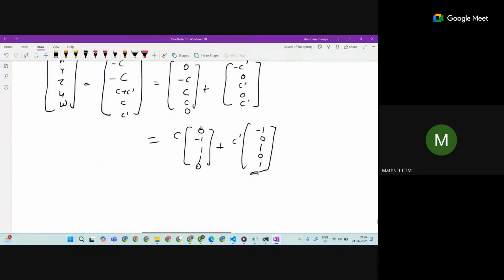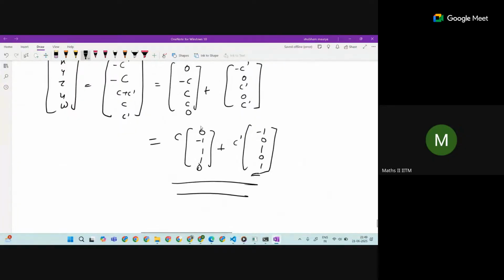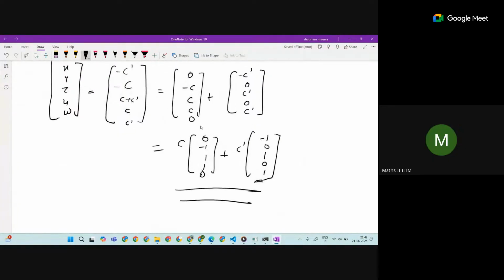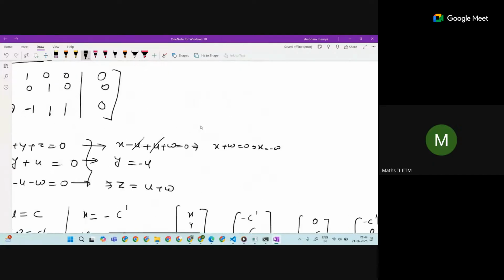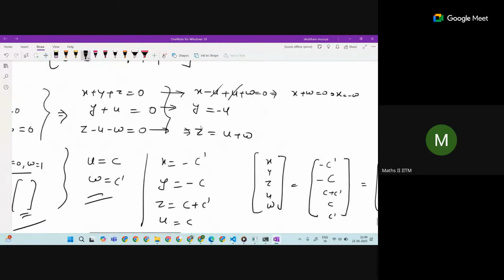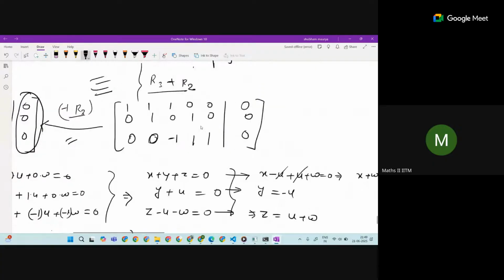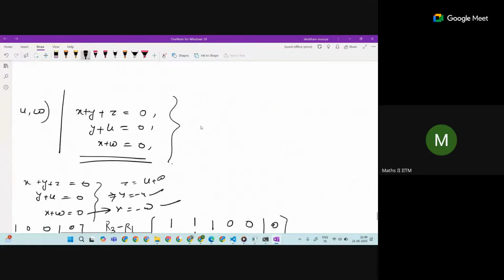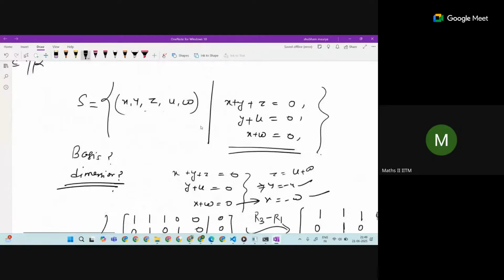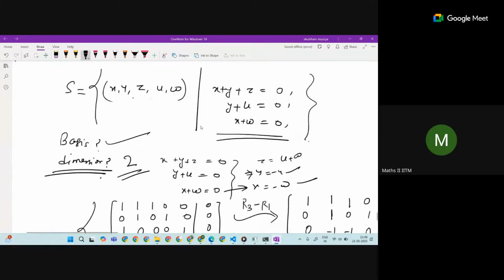So the basis of this subspace is these two vectors, and since two vectors are there, the dimension is 2. So the basis is those vectors and the dimension is 2. This is how we can follow.